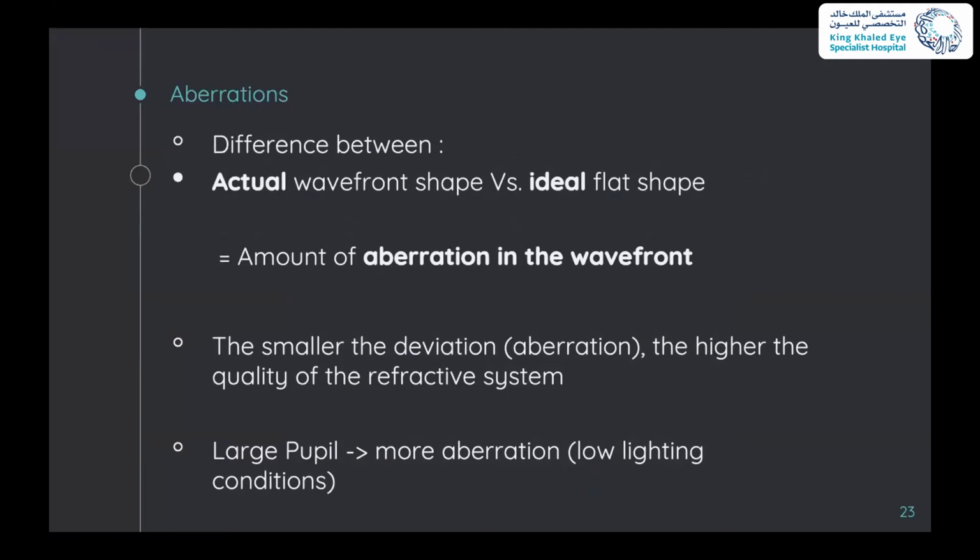The smaller the aberration, of course, the better the quality of the refractive system. And the larger the pupil size, the larger the amount of aberrations we're going to get, specifically in low light conditions.